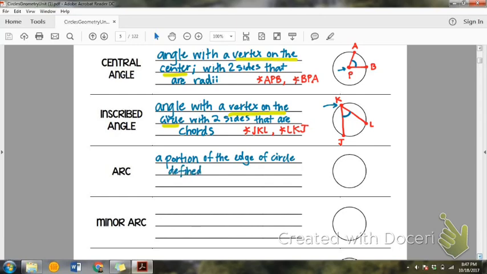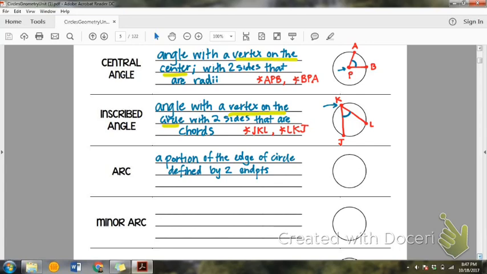So again, the arc is a portion or a section of the circle defined by two endpoints.